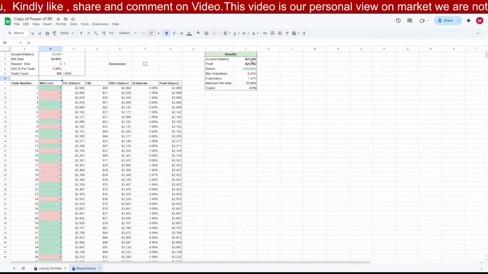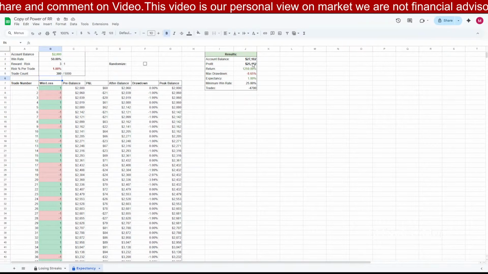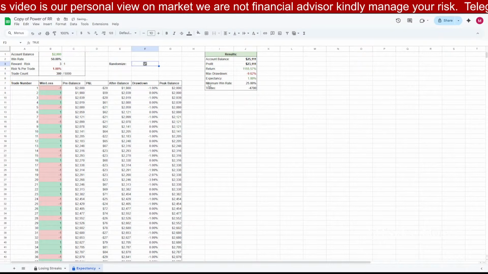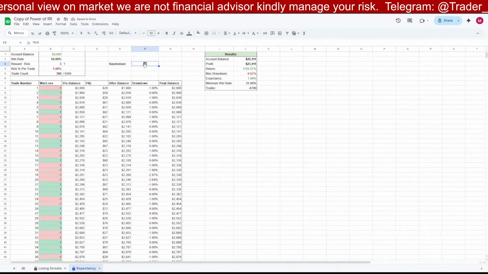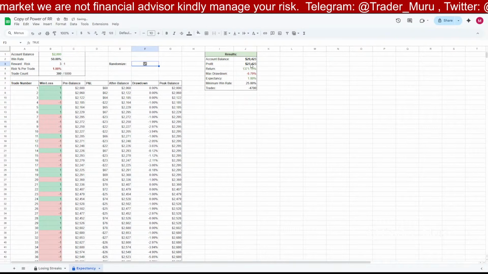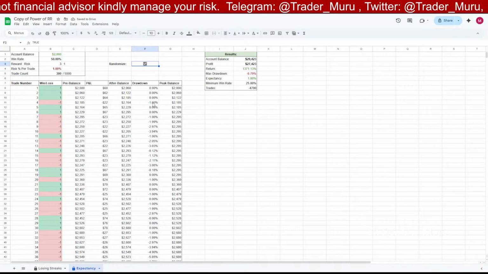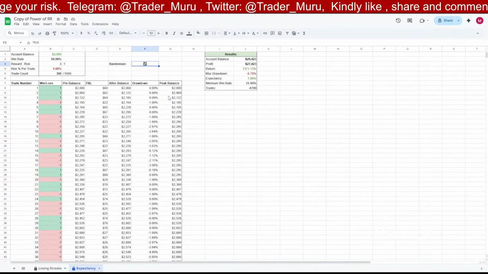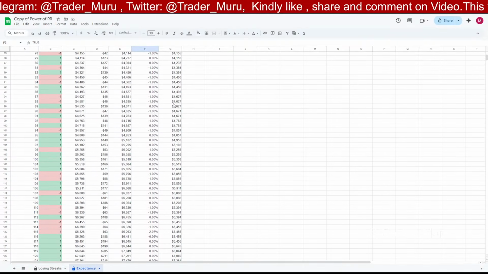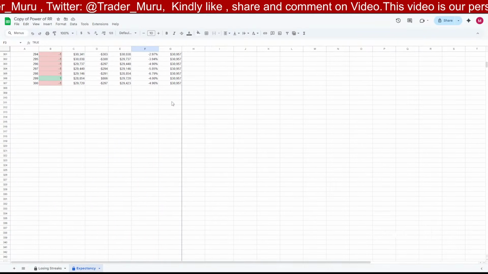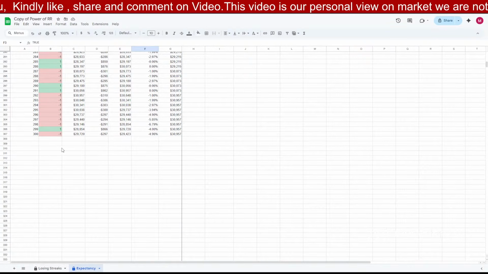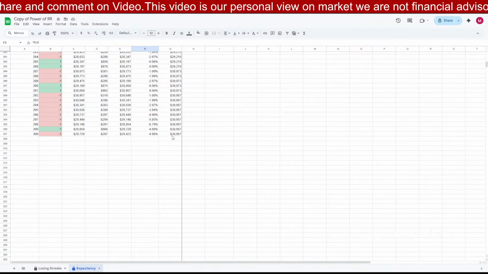Your account balance will be 27,182. If I calculate it again by randomizing, see this, it will calculate your risk. You can see sometimes you lose. This is your balance and this is your final account after 300 trades.